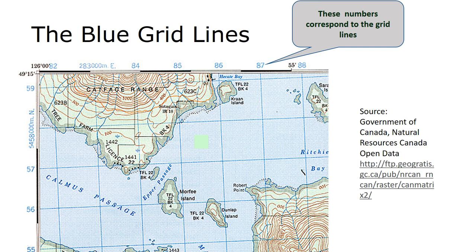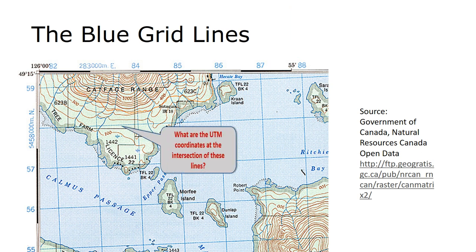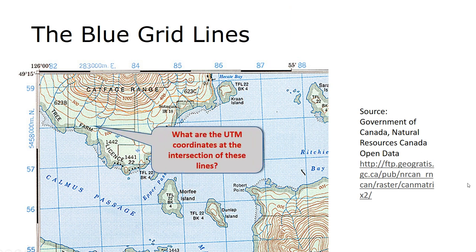Like I said, the numbers correspond to the grid lines. If we are looking at, for example, this corner here, we need to figure out the coordinates. If we start with the eastings, we go across the top here, and we see it's 283,000 meters east, going all the way down that line. And then here we have 5,458,000 meters north, and we go across here.